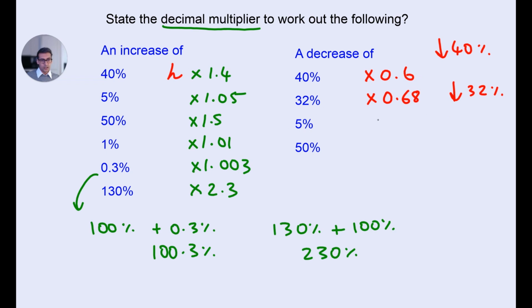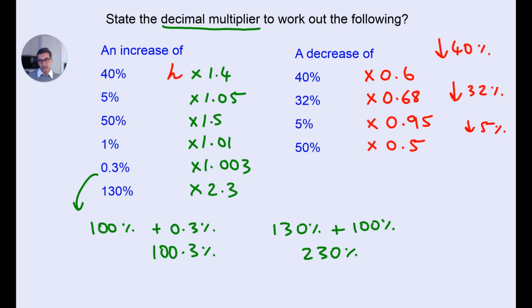A 5% decrease, you're going to go down by 5%, you're left with 95%, so that's going to be 0.95. And then 50%, if you lose half, you're left with half, so that's 0.5.